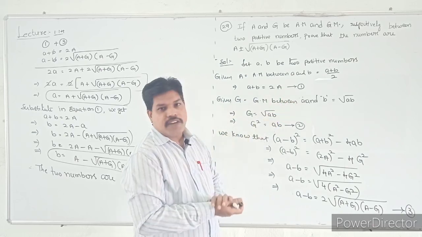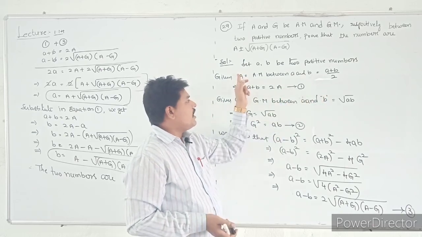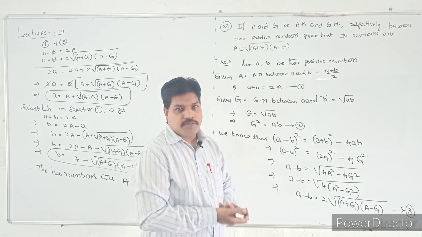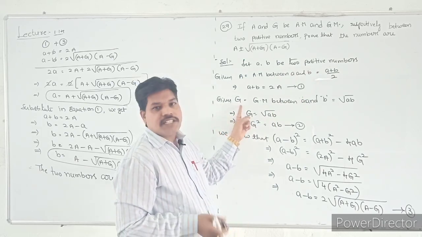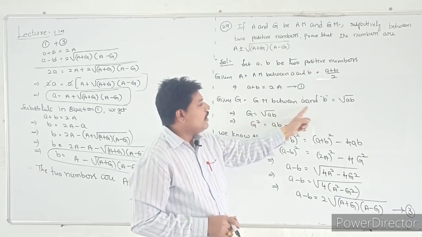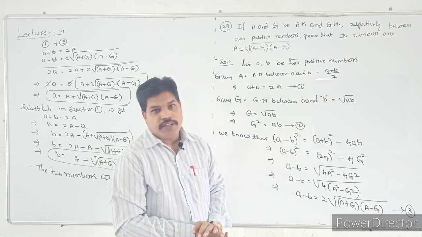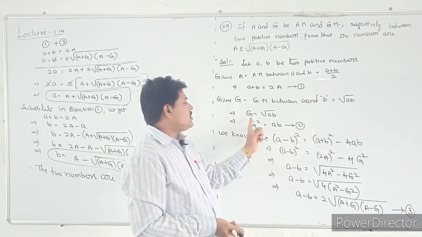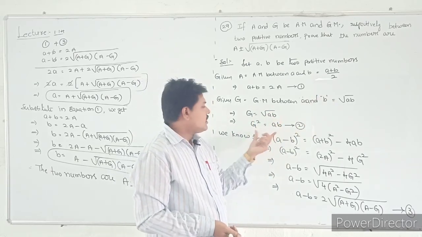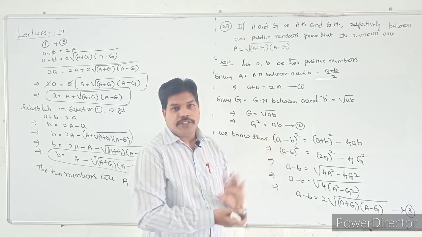Take this as equation number 1. G is the geometric mean between a and b, that is the square root of ab. So G is equal to square root of ab. Take the square, G square is equal to ab.